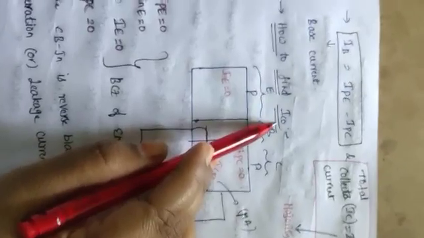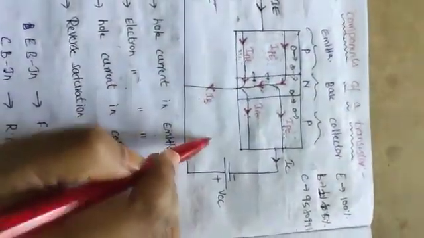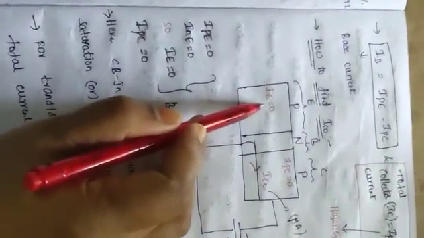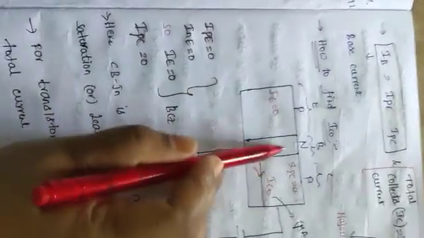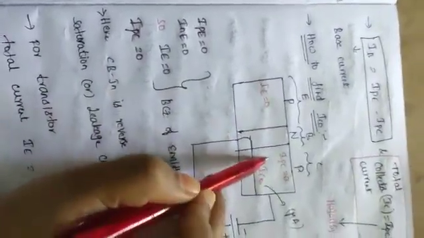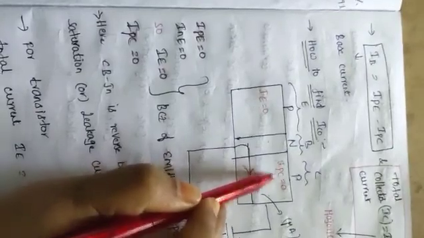To find it, we have to open the emitter, that is, the VEE battery is removed and only the VCC battery is present in the circuit. The collector-base junction is in reverse bias only. Since the emitter is open, it cannot emit majority charge carriers towards the collector through the base. So the emitter current is 0, and IPC, the hole current in the collector region, is also 0.